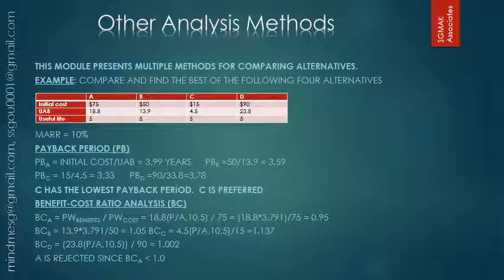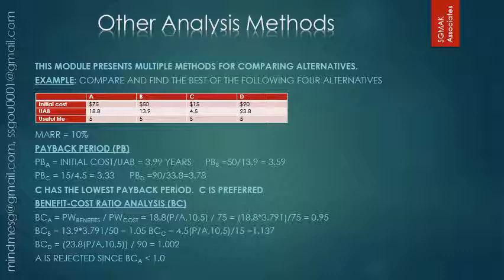So payback period of A is you simply find the initial cost of $75 divided by the annual benefit of $18.8, and that gives you close to 4 years. In 4 years, you recover the initial cost.